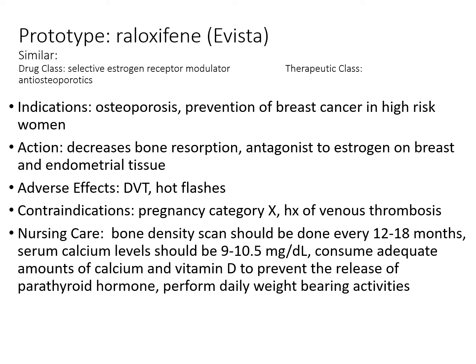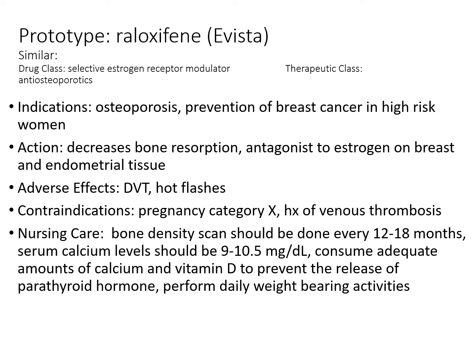So the adverse effects should make more sense now. There's an increased risk of DVTs and of course PEs. Whenever you have an increased risk of DVT, you automatically have an increased risk of PE, because a PE is basically a broken off piece of a DVT. And why is that? Because this drug acts in a positive way, an agonistic way on the blood vessels, and it thickens the blood. Why do you get hot flashes?